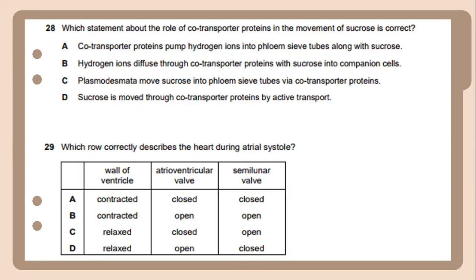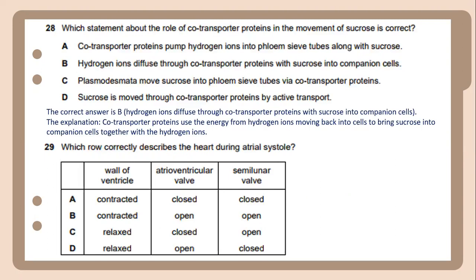28. Which statement about the role of co-transporter protein in the movement of sucrose is correct? The correct answer is hydrogen ions diffuse through co-transporter protein with sucrose into companion cells. Co-transporter proteins use the energy from hydrogen ions moving back into cells to bring sucrose into companion cells together with the hydrogen ion.